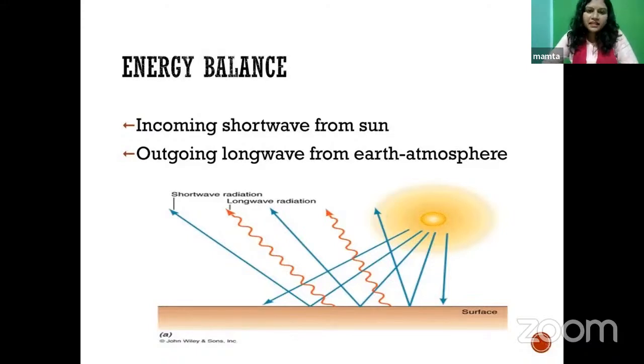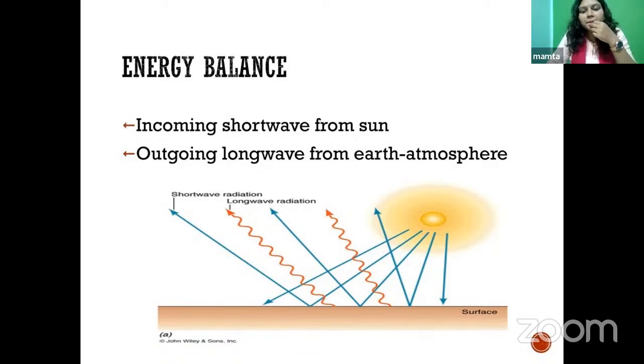We study electromagnetic radiations. What are those? In electromagnetic radiations, there are lots of rays, like ultraviolet, X-rays, then the visible range, then infrared, after that microwaves, then gamma. So in this type of electromagnetic radiations, which are the ones that come from the sun?